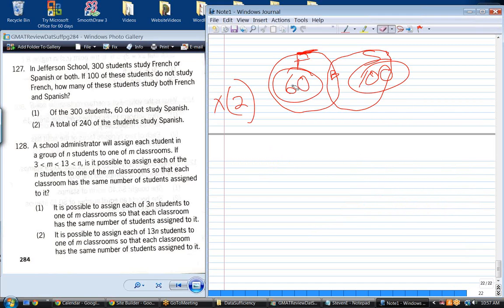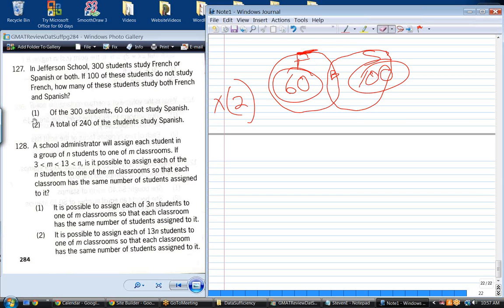Statement 2 tells me that 60 study French. 60 don't study any Spanish, which means they're not in category B, they're not in category S. So they have to be in the F category. And the stem tells me that 100 students don't study French. So they're not in the F, they're not in the B, they have to be in the S category.